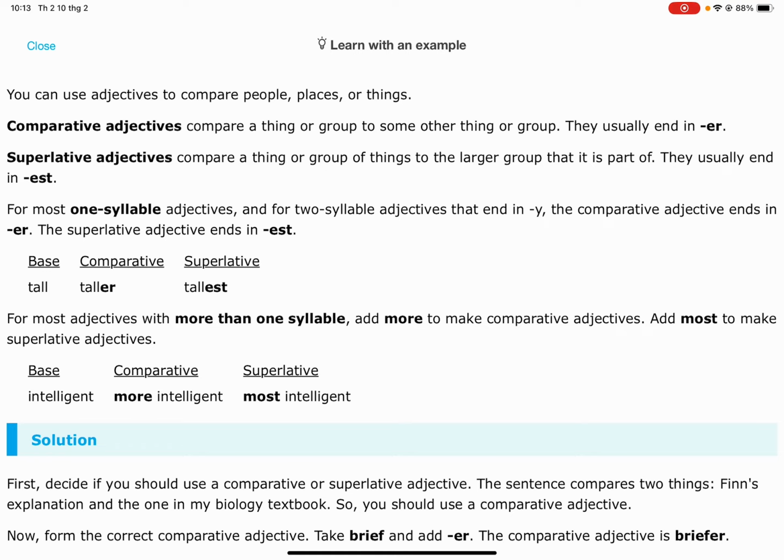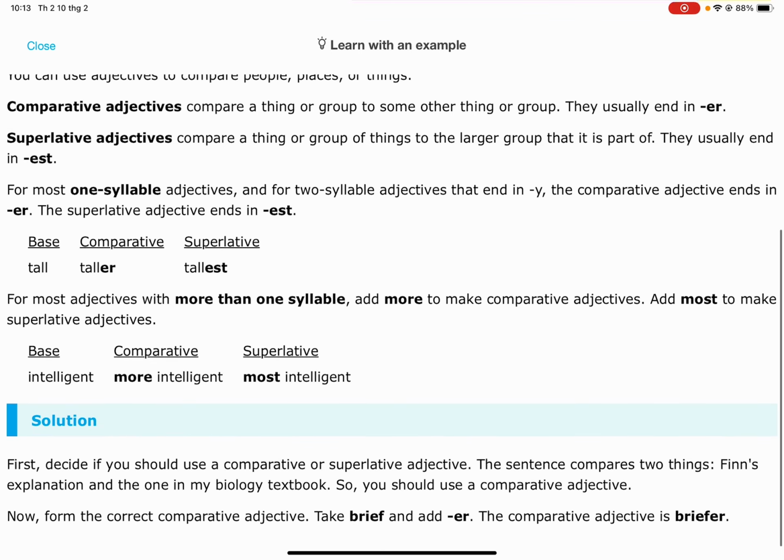Superlative adjective compares a thing or group of things to a larger group that it is part of, and they usually end in est, which is kind of the same with comparative and superlative adverb. But this now is a little different. For most one-syllable adjective and for two-syllable adjective that end in y, the comparative adjective ends in er.